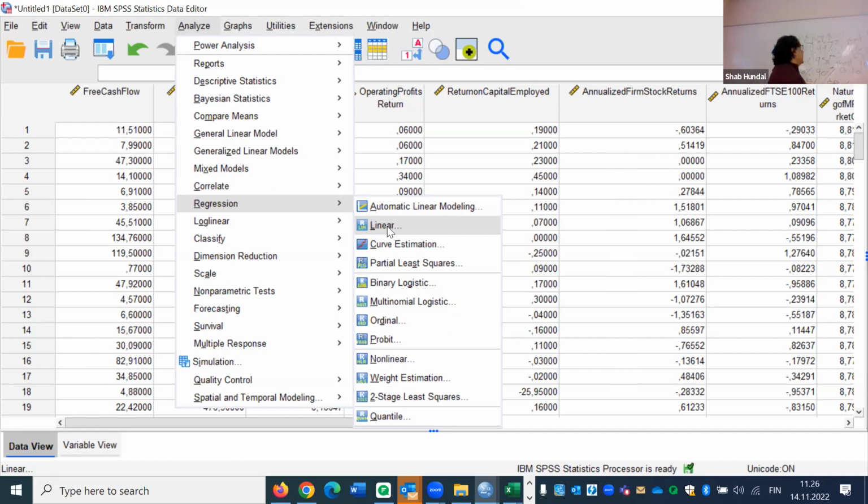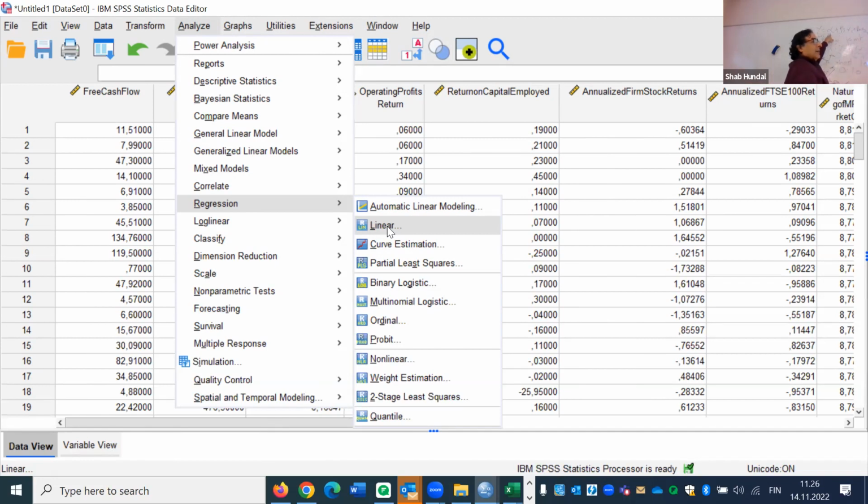Have you seen this equation? I must have shown it many times: y is equal to alpha plus beta 1 x1 plus beta 2 x2, likewise. You must have seen it. For example, when you do financial management, you calculate beta, systematic risk, the company stock return against the index stock return. This is beta.